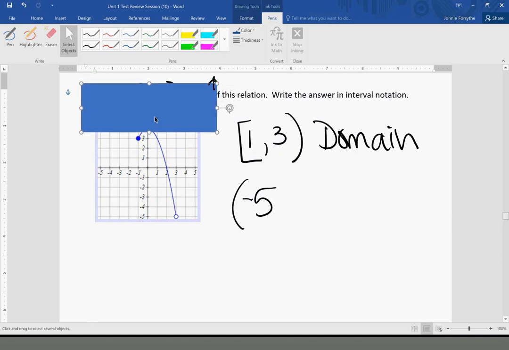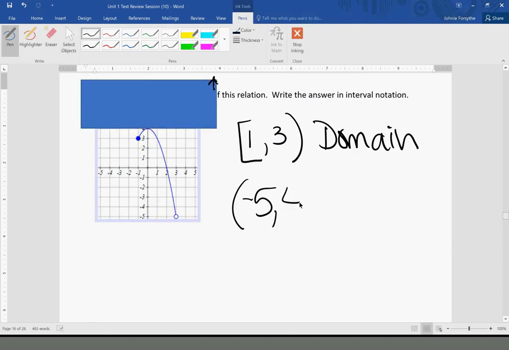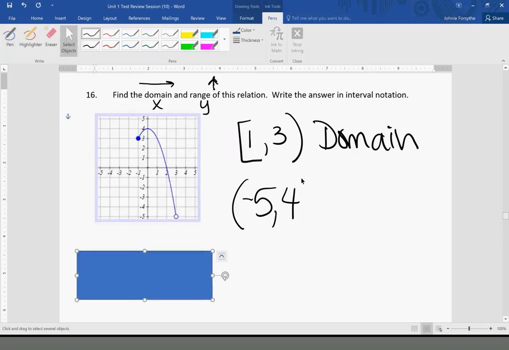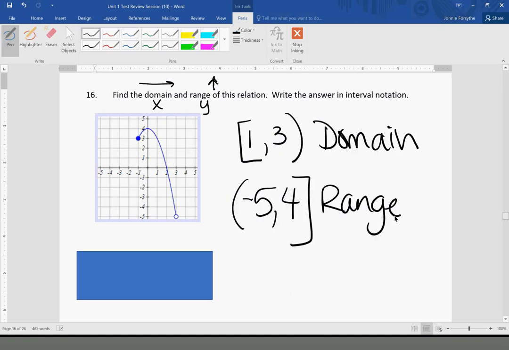The graph ends at 4 on the y. But it does touch 4, so we're going to use a bracket. Oh, hold on. We are going to use a bracket. And that describes the range.